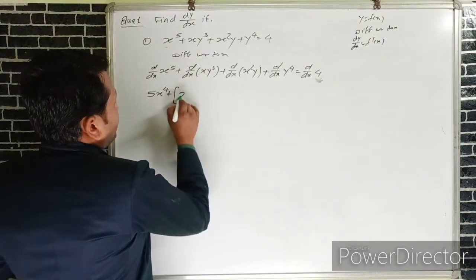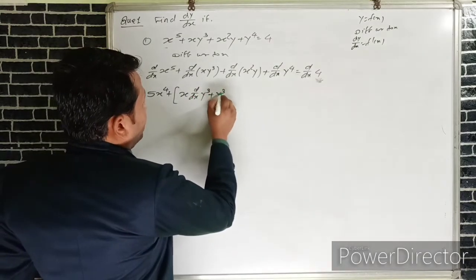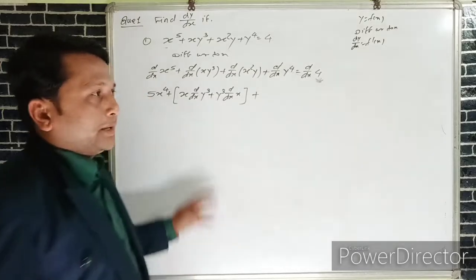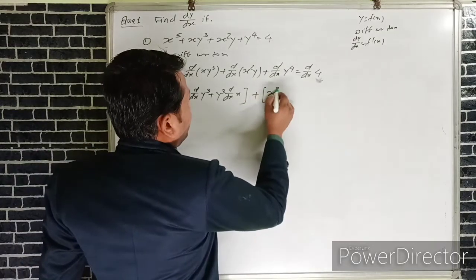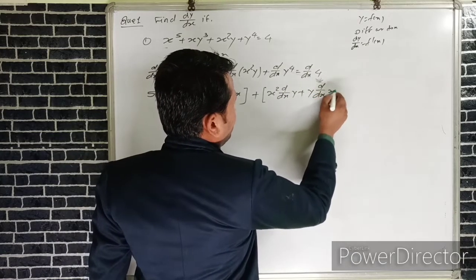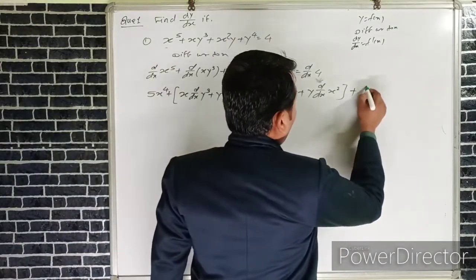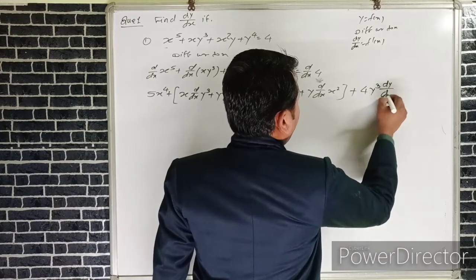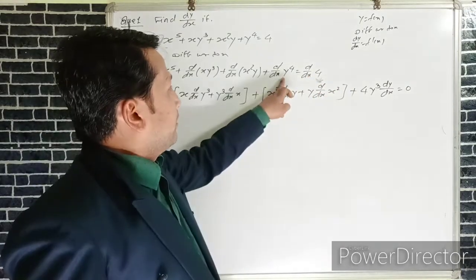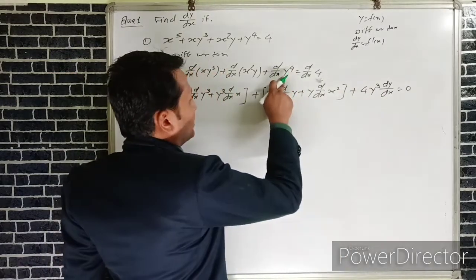Hence we can write x into the derivative with respect to x of y cube, plus y cube into the derivative of x. After that, for the second term, the derivative of x square y is x square into the derivative of y plus y into the derivative of x square. Plus the derivative of y raised to the power 4 is 4y cube into dy by dx, which is equal to the derivative of a constant function, which is 0. Here we take y to the power 4 with respect to x, 4 into y cube, since y is a differentiable function.